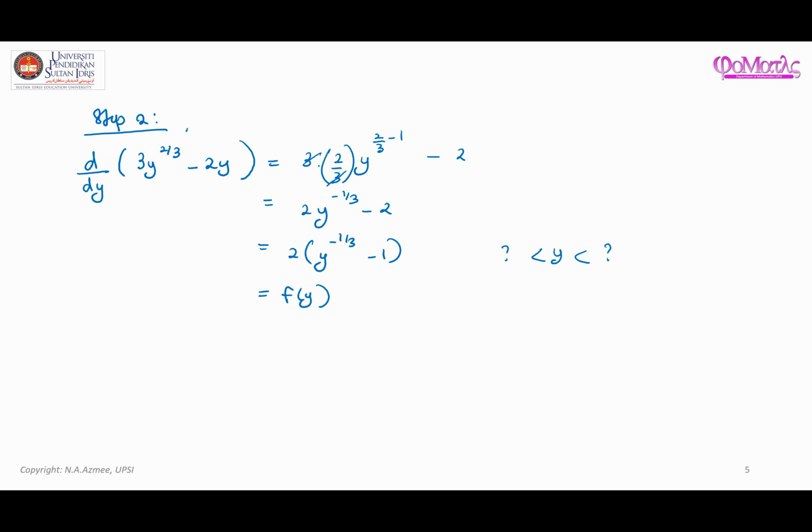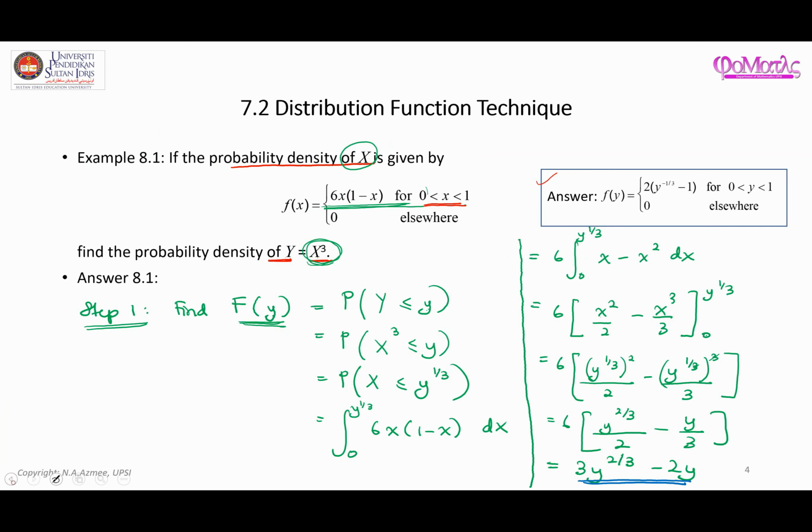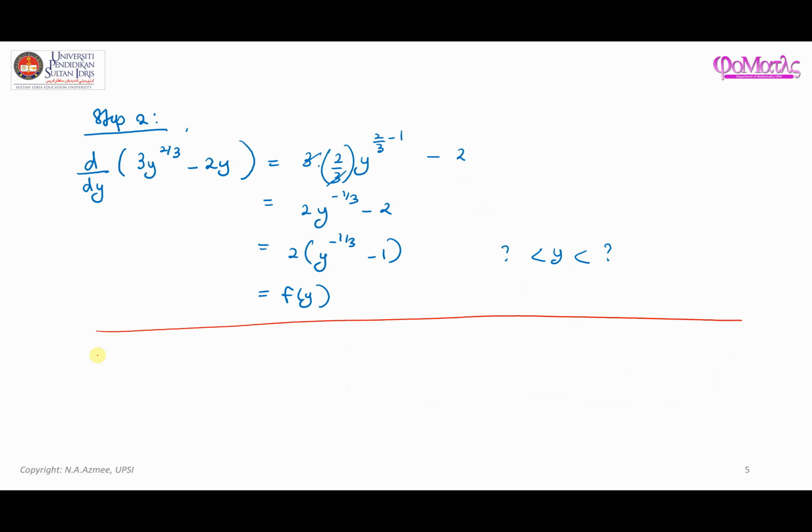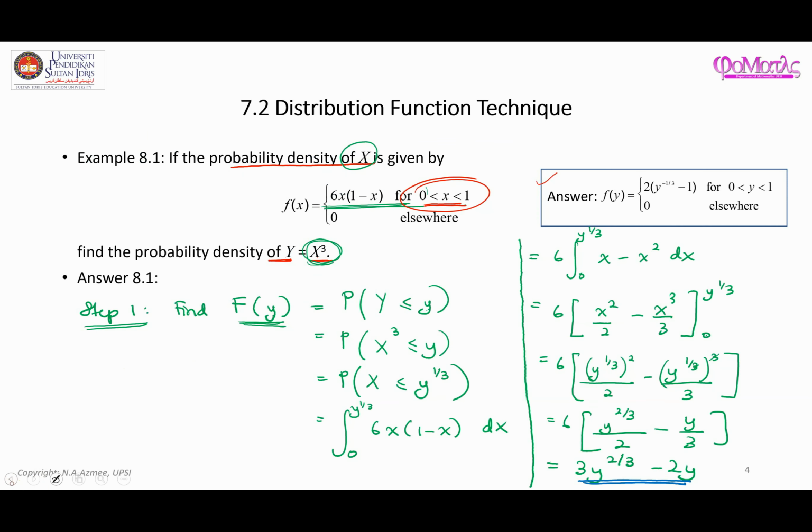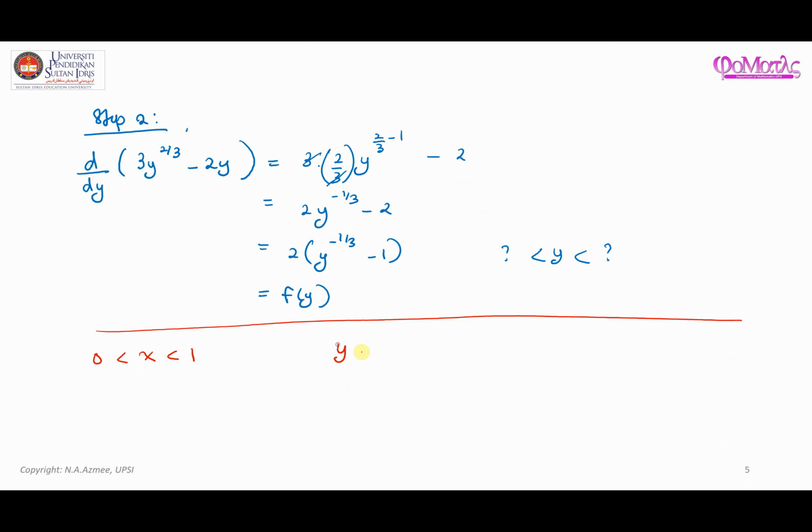Well, in order to answer that, we need to know first that x is between 0 and 1. And we also know that this part here is the representation of y with regards to x. Here we know that y is equal to x cubed.